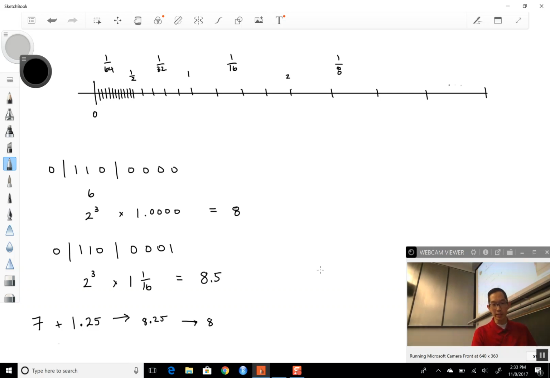So if we ask, is 7.7 plus 1.25 equal to basically 8? This actually might be the case here, using our mini float system.